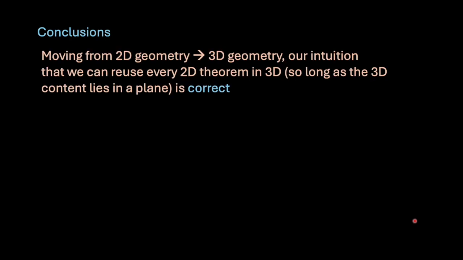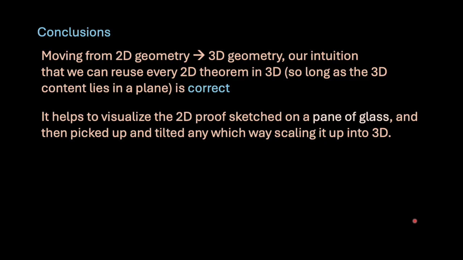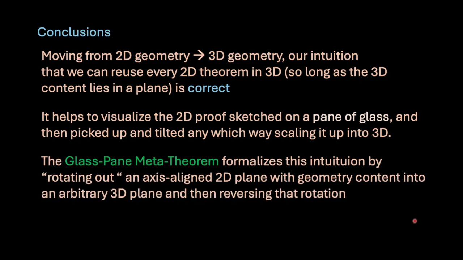So our conclusion in moving from 2D geometry to 3D is that our intuition that we can reuse every 2D theorem in 3D, so long as the 3D content lies in a plane, is correct. It helps to visualize the 2D proof sketched on a pane of glass and then picked up and tilted any which way, scaling it up into 3D.